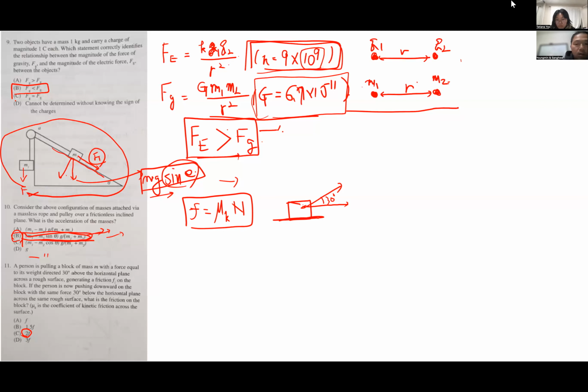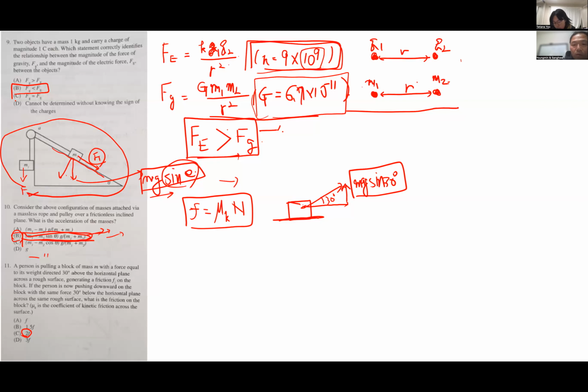One is this force, split into a vertical component and a horizontal component. The vertical component is mg sine theta, which is 30 degrees. That is against the gravitational force of this block, which is mg.